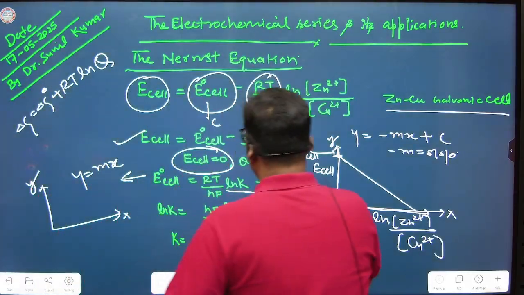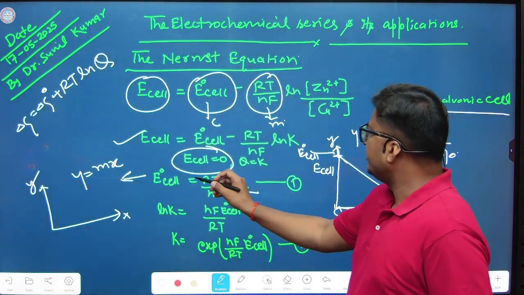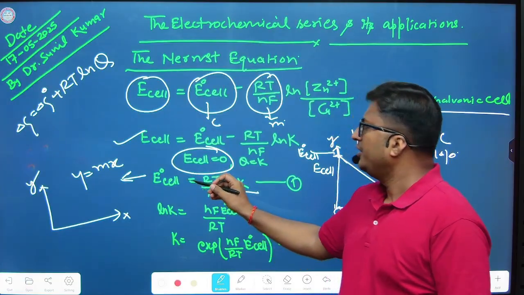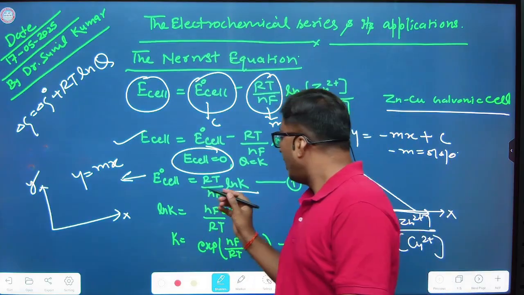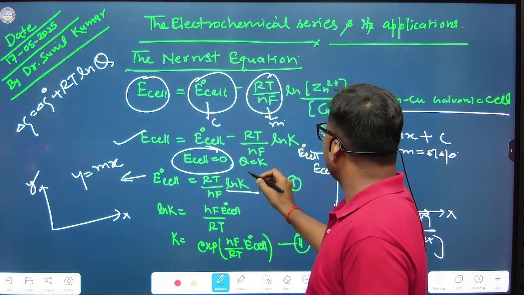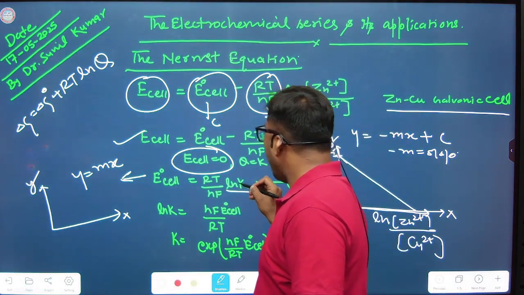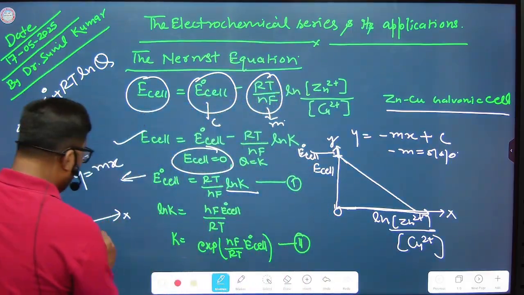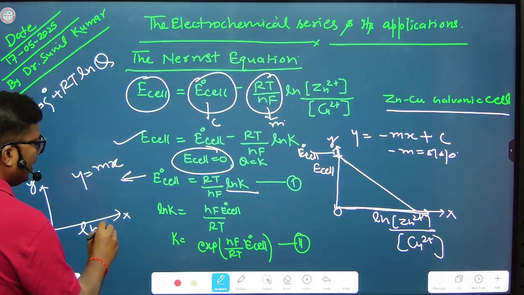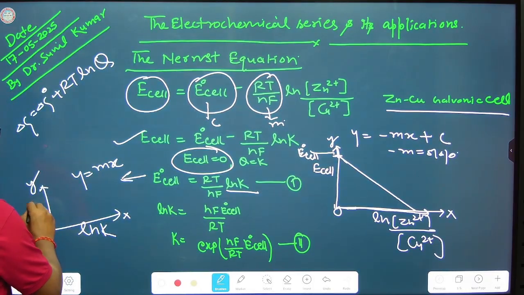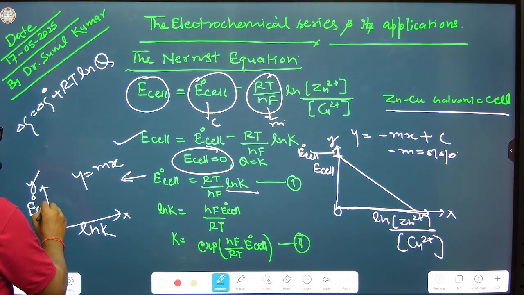So on the y-axis is standard cell potential E naught cell, right? And on the x-axis the variation parameter is ln K. So this is your ln K, and this is your E naught cell.